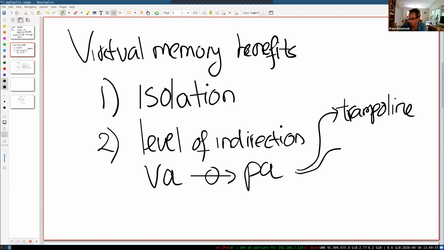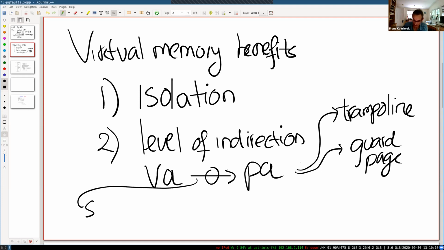Another interesting case is the guard page to protect the stack, both in user space and in kernel space. But so far that mapping has been relatively static. You set it up once, the kernel page table mapping once in the beginning, and for processes once at fork, and the kernel doesn't really do anything else with this mapping.